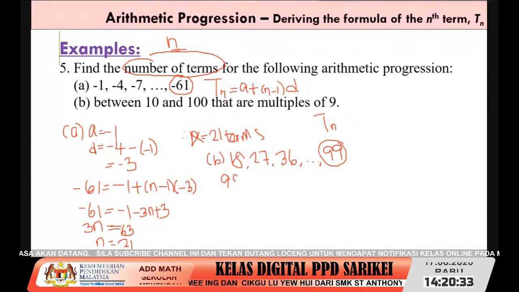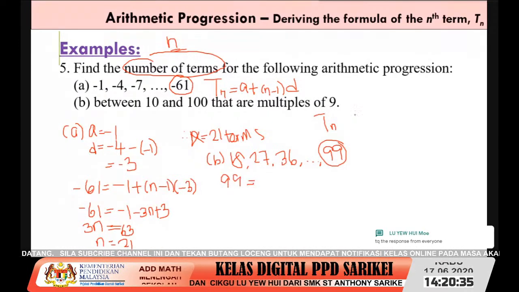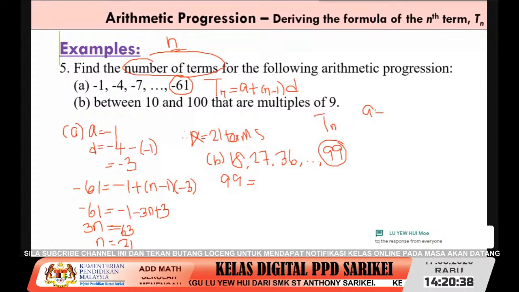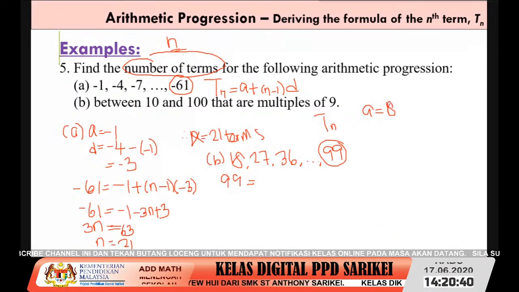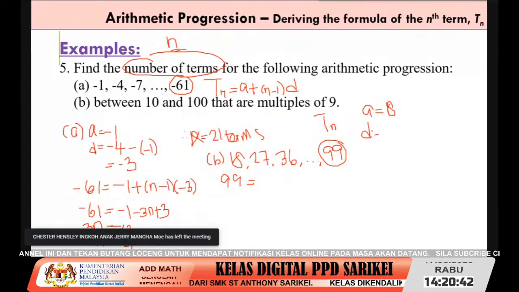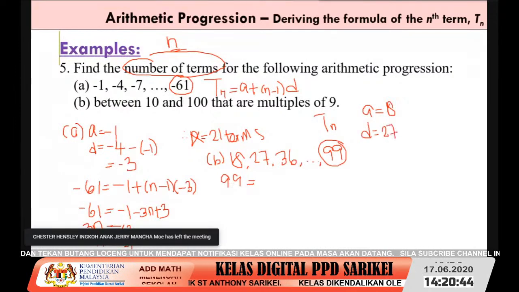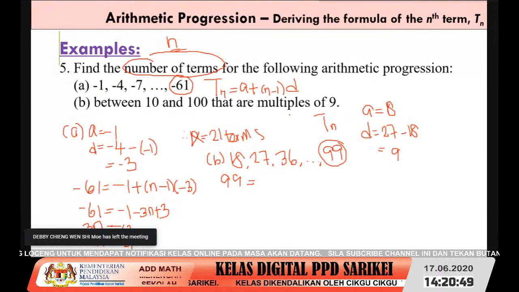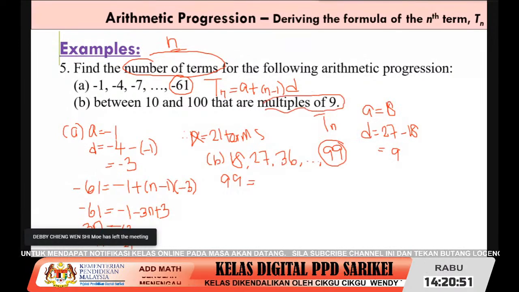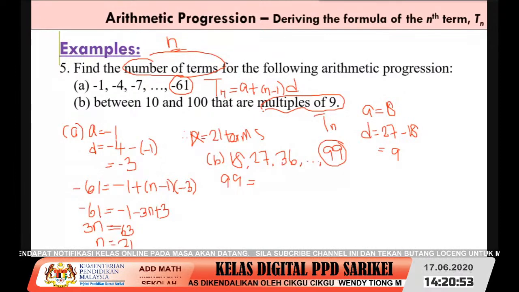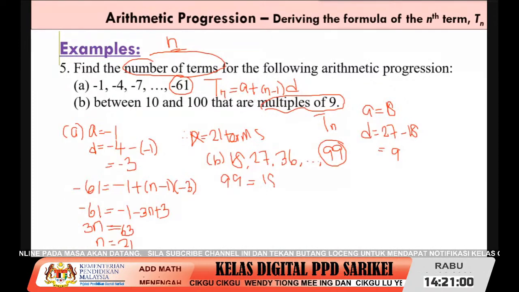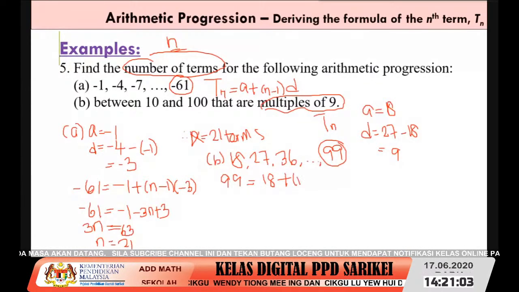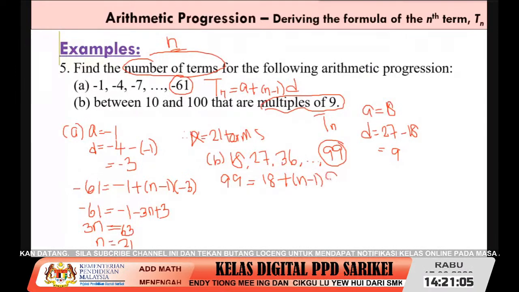So 99 equal to, so what is our first term? First term is 18. So the common difference is 27 minus 18, that is equal to 9. Or from here, we already know that the multiple of 9 means the difference of each term is 9. 18 plus n minus 1 times 9.